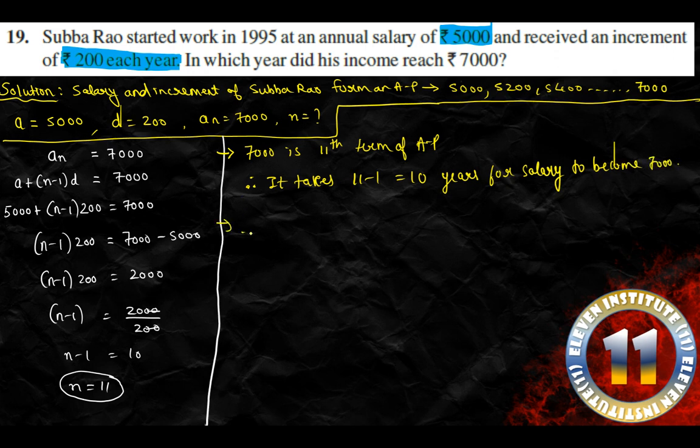We can write, therefore, the salary of Subba Rao will become 7000 in year 2005. Fine, I hope this is clear to you. Very simple sum. Please pause the video and write this down in your CW.